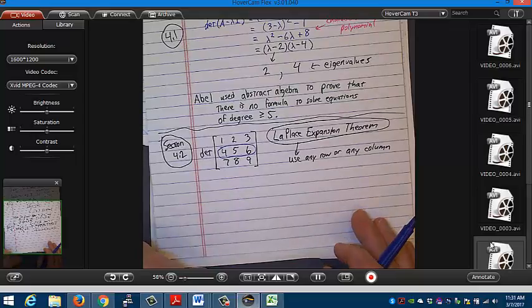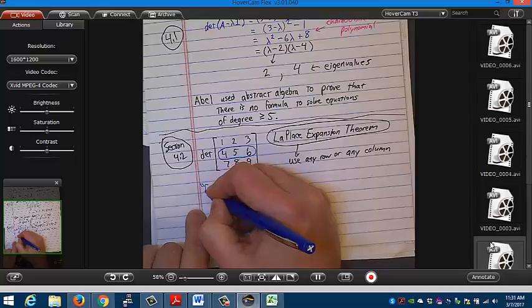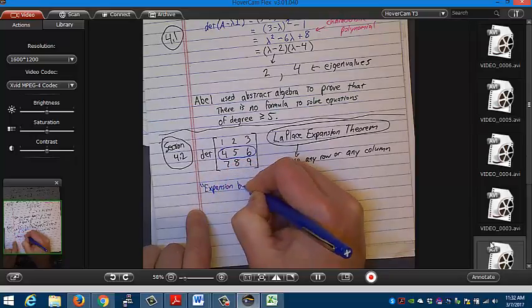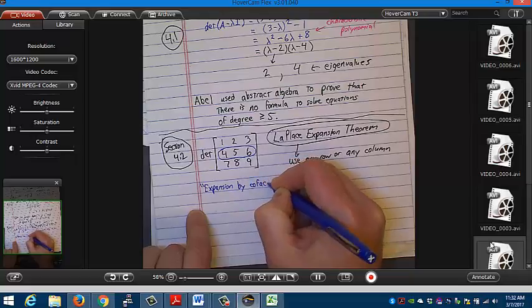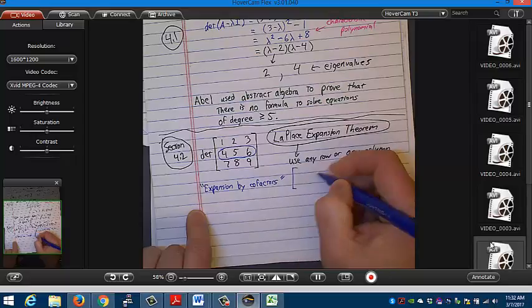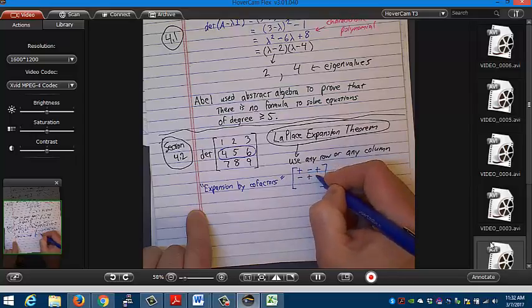One thing you have to do, and what I'm about to do is what's called expansion by cofactors. You need to use the checkerboard pattern. Plus, minus, plus, minus, plus, minus, okay?